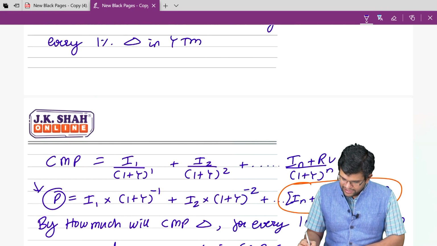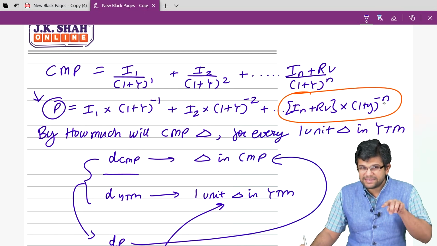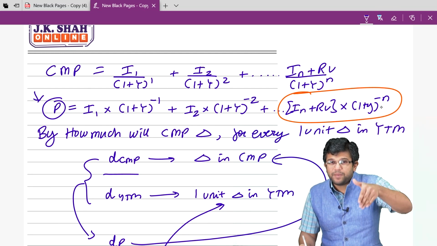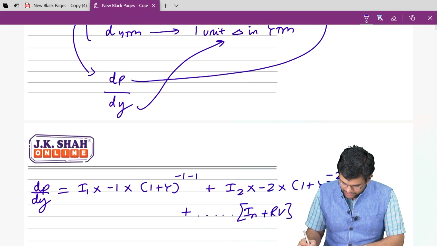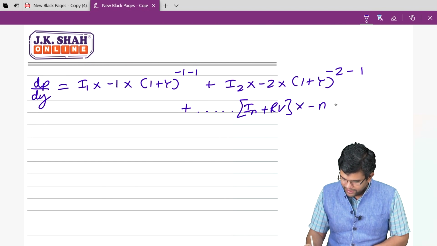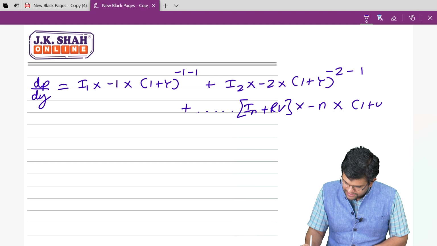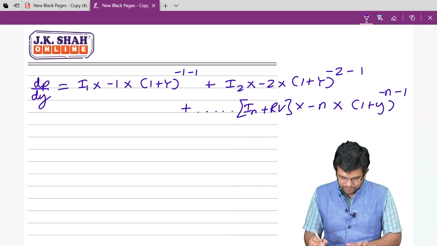Now do you realize this minus n will come down, so it will be minus n into 1 plus y raised to minus n minus 1. Everybody following? So here I will do into minus n into 1 plus y raised to minus n minus 1. Everyone following? So let's now make this entire equation a bit smoother.